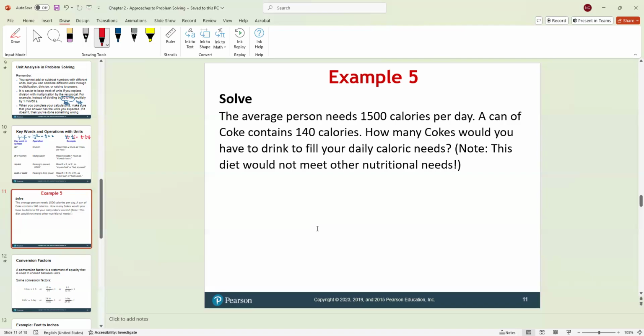How many Cokes would you have to drink to fill your daily calorie needs? So remember, you need 1,500 calories per day.